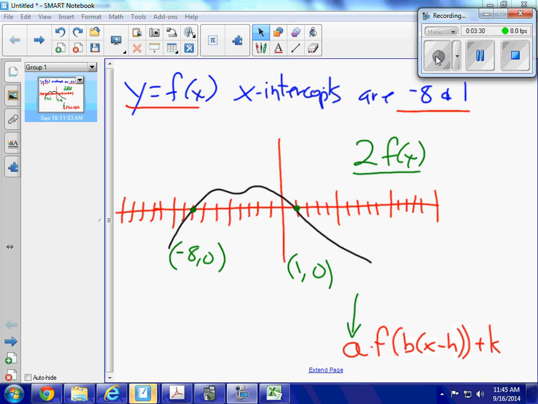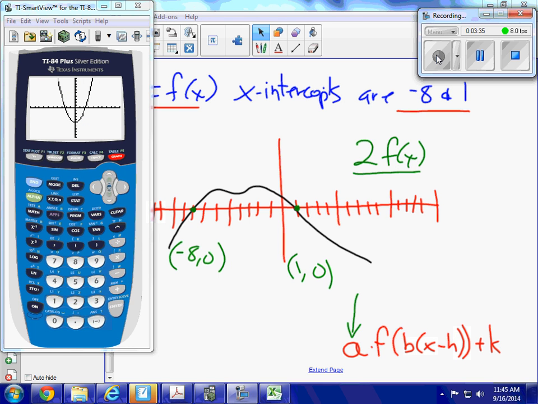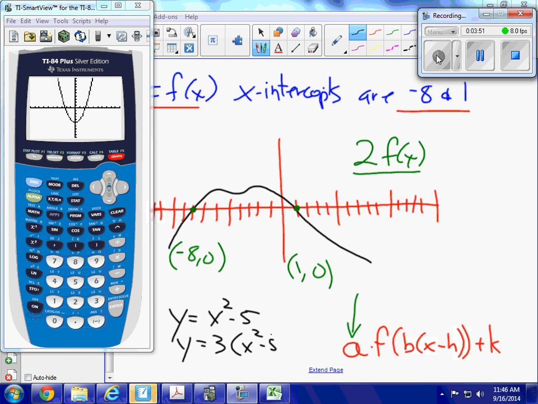And just to give you an illustration of that on a different graph, on the calculator here, I have put the graph of y equals x squared minus 5. And now I'm going to do the graph of y equals 3 times x squared minus 5.